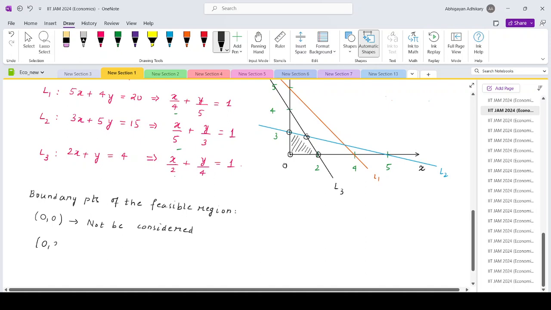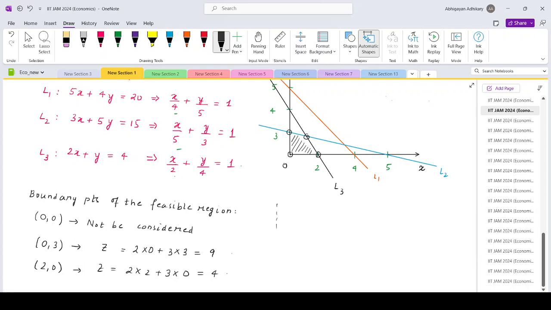The next one is 0, 3. For that, what is the value of z? It is 2 into 0 plus 3 into 3, that is 9. The other one is 2, 0. So that would be 2 into 2 plus 3 into 0, so that is 4.